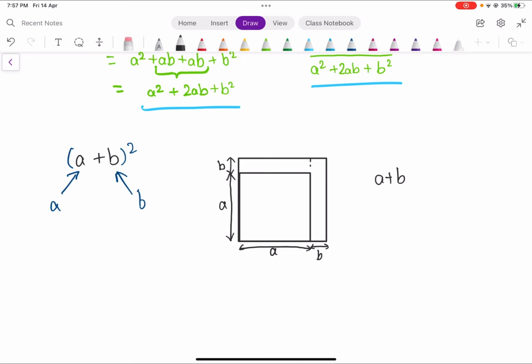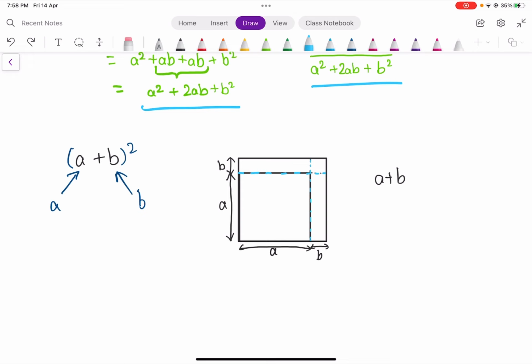I'll break it right here and right here, and I'll use a different color right here and right here. So I've broken this square into 1, 2, 3, and 4 pieces.